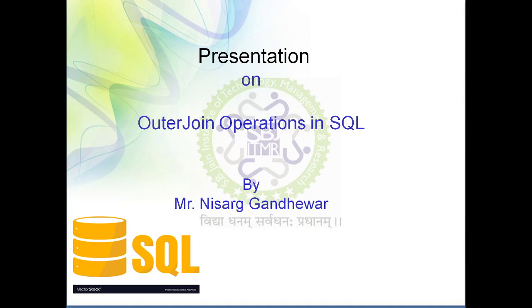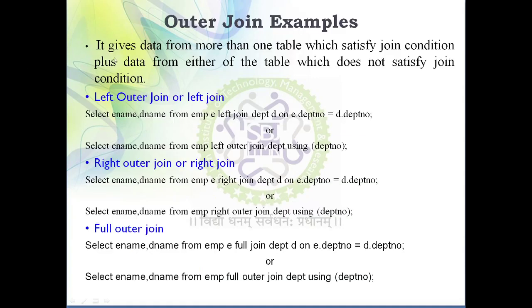So don't worry about this. I will explain this concept with an example, and I will demonstrate it with the help of live SQL. In today's lecture we are going to discuss the outer join operation in SQL. An outer join gives data from more than one table which satisfies the join condition, plus data from either of the tables which does not satisfy the join condition.